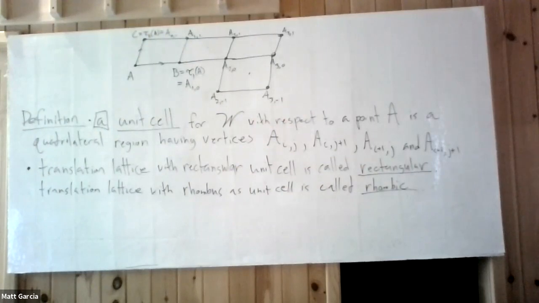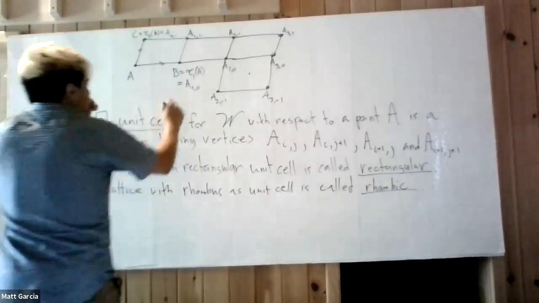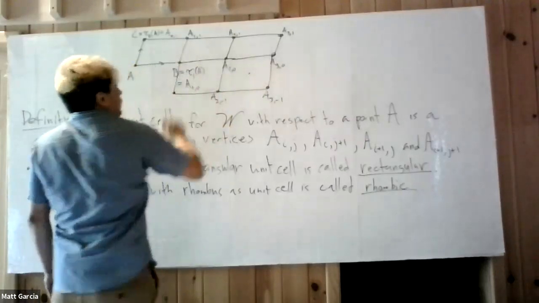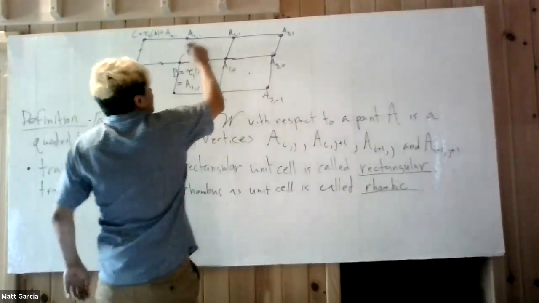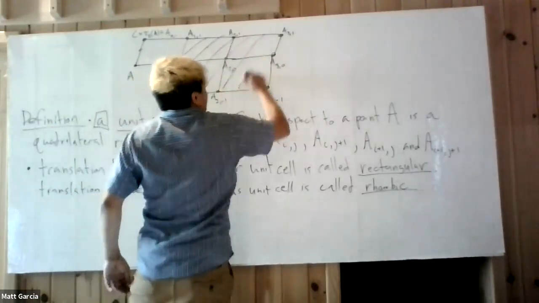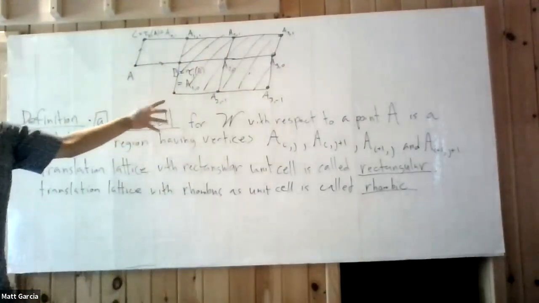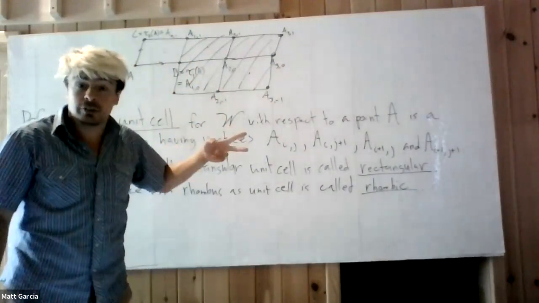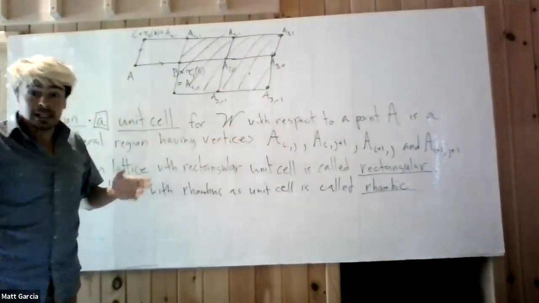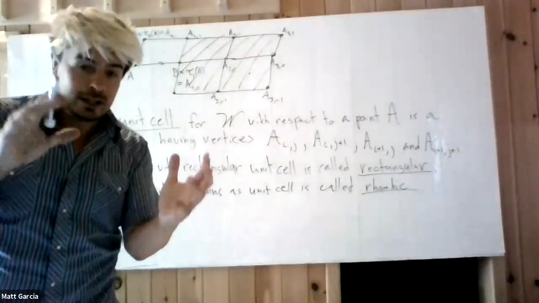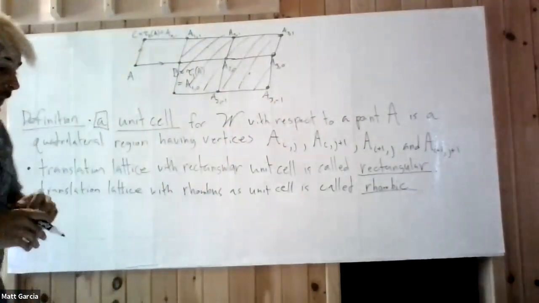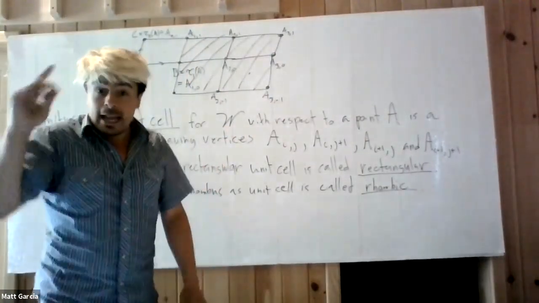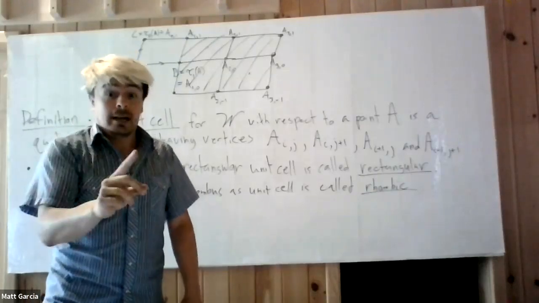And I should say, when we say unit cell, we mean, for example, this entire shaded region you could call a cell, but it's not the smallest possible cell defined by tau 1 and tau 2. That's what a unit cell is: the minimal cell. Same in frieze groups: A_i is a translate of A for all i.